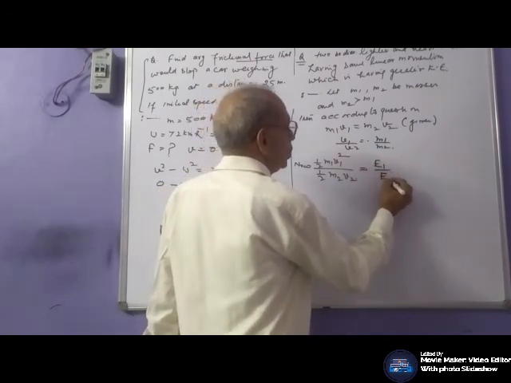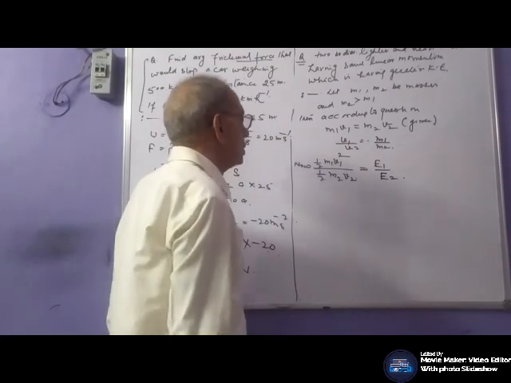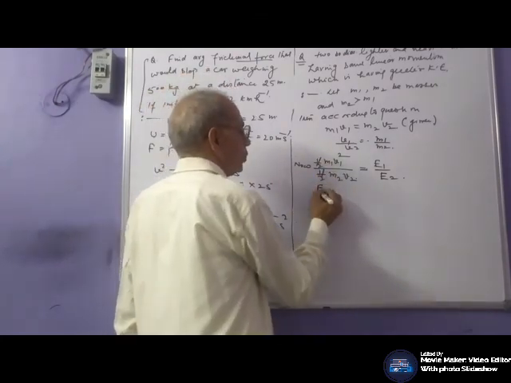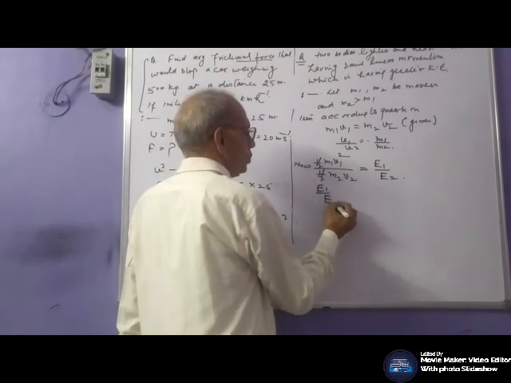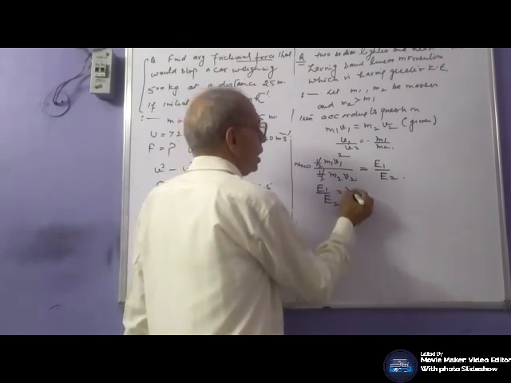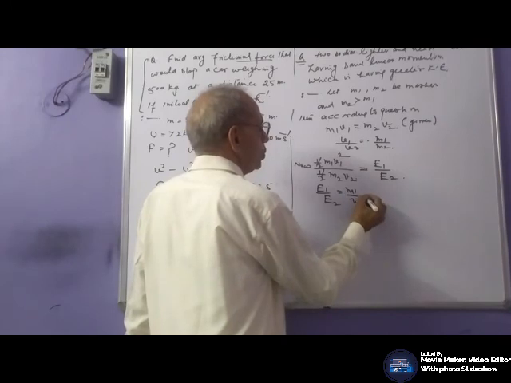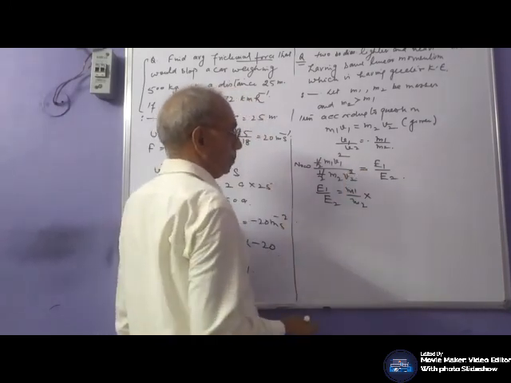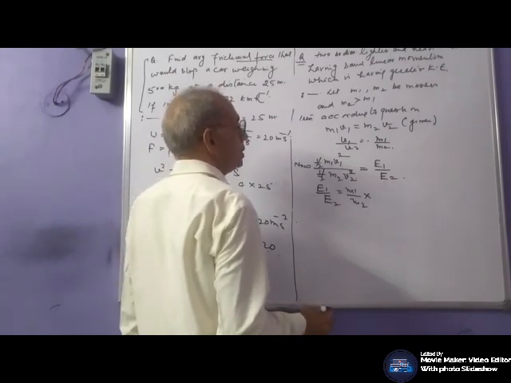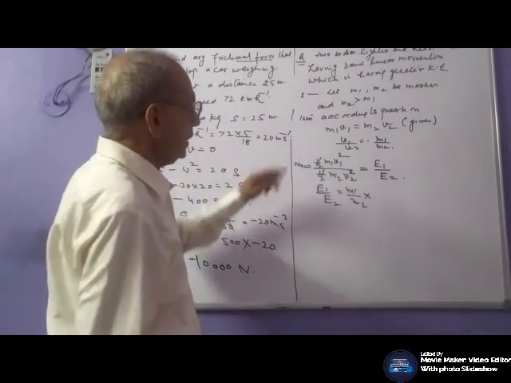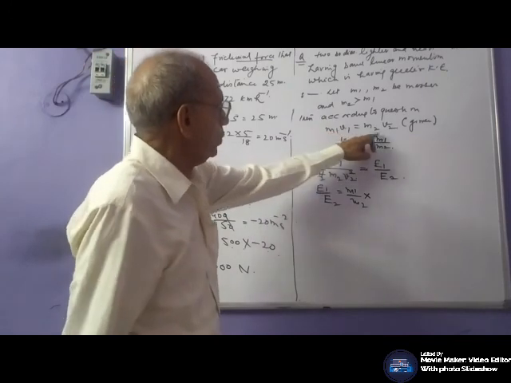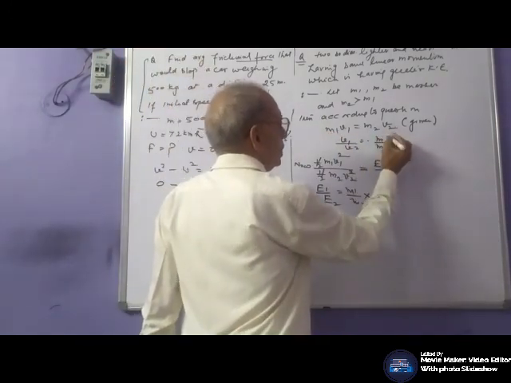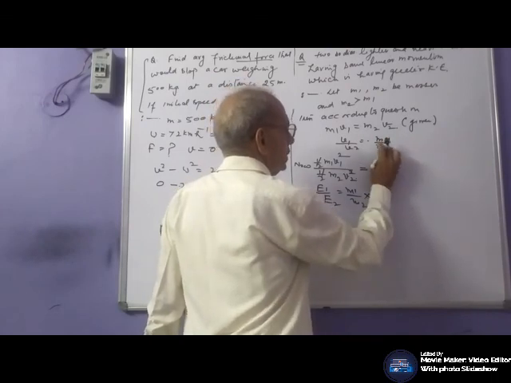E1 by E2 is half M1 V1 square by half M2 V2 square. This goes with this. E1 by E2 is M1 by M2 into V1 by V2 square. Again, V1 by V2 is M2 by M1.